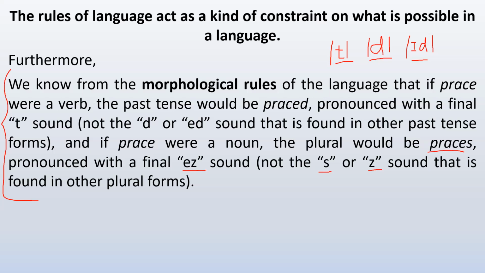So there are restrictions. We can't use the s where we should use the z or iz, and vice versa. There are rules behind these incidents.